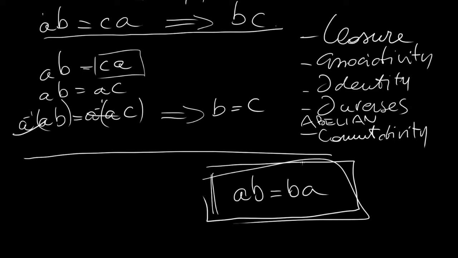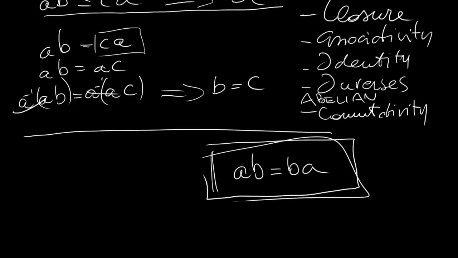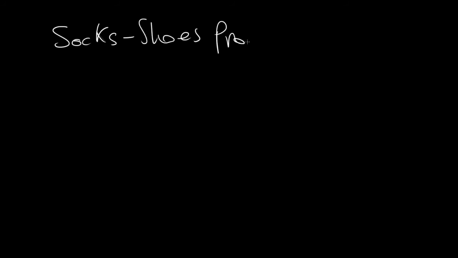Now I owe you another proof. This is another important property of the groups that you're going to use a lot, so I'm going to state it and I'm going to prove it. It's called the socks shoes property.